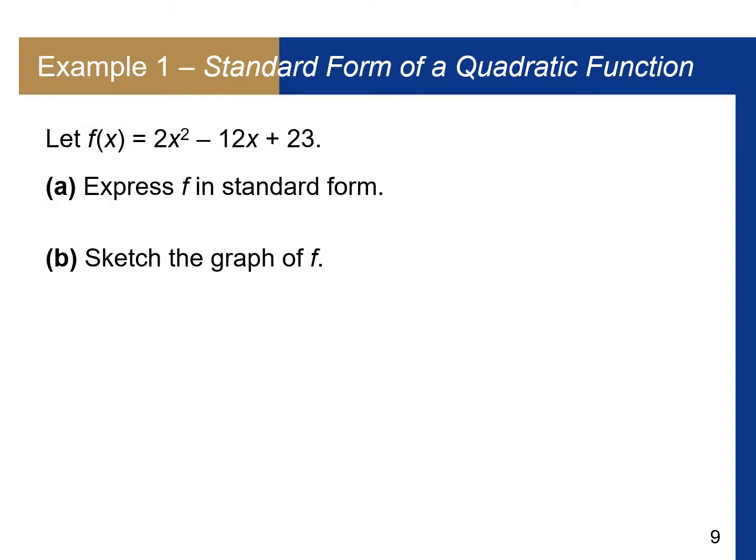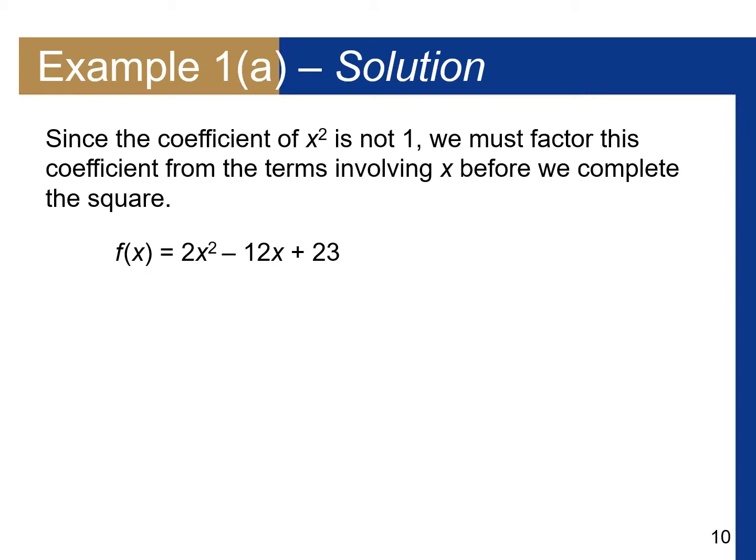So we're going to express this in standard form. The coefficient is 2, it's not 1, so we have to factor the coefficient from the terms involving x before we can complete the square. Now this is what we went over in class before the exam, and then the exam also had a question on it where you had to factor a 2 out from the front.